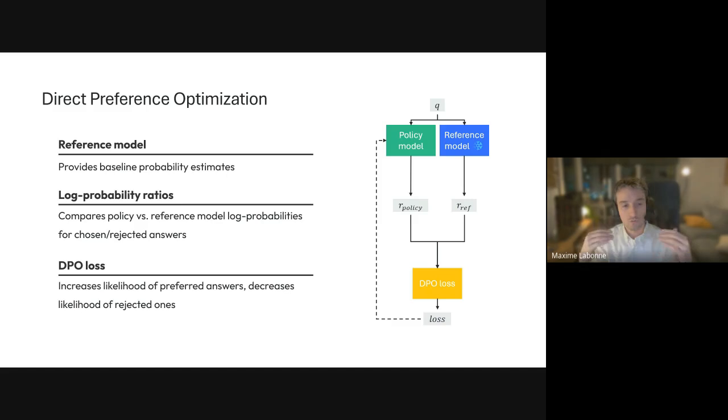Then you combine the probabilities output by the policy model, the one that you're training, with this baseline to calculate the DPO loss. The idea is that you want to increase the probability of outputting chosen answers and decrease the probability of outputting rejected answers. You do this in a loop, by providing all these examples of chosen and rejected answers.